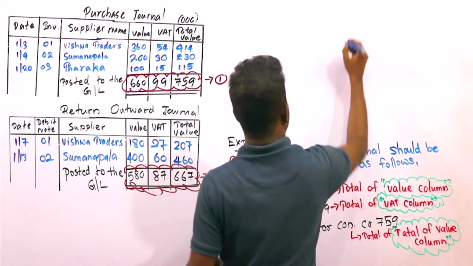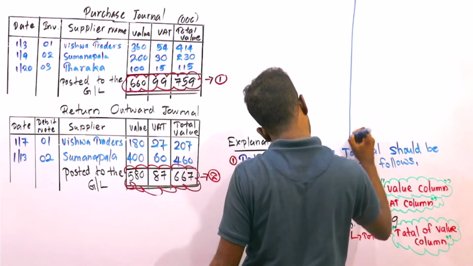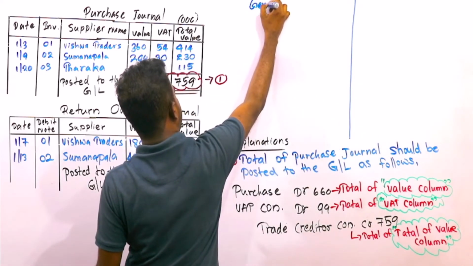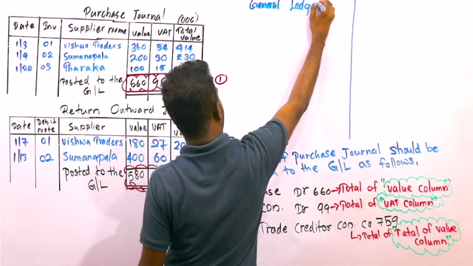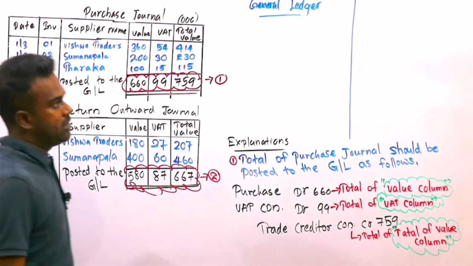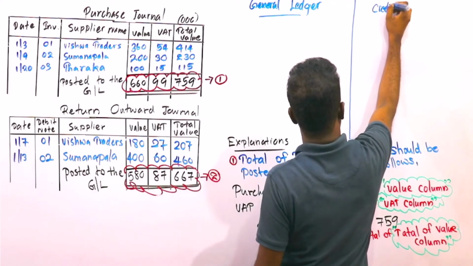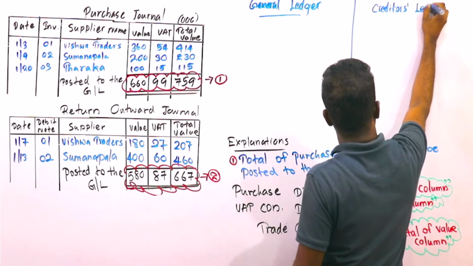T accounts also. I'll separate this one here. This is the general ledger, and this is the creditors' private accounts, right? Creditors ledger. Private accounts.